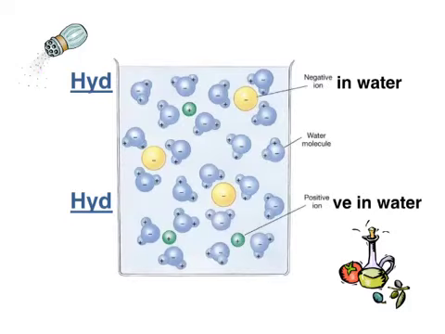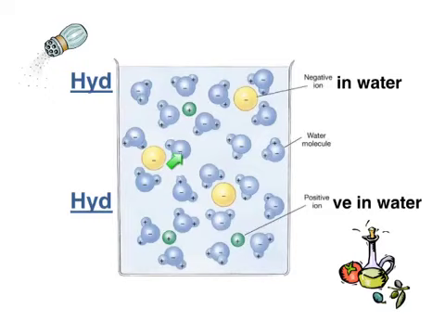Let's take a look at an ionic compound in water. Remember from our previous video that ionic compounds dissociate in water. So what you have dissolved in the water is actually a bunch of positively charged ions in green here and negatively charged ions in yellow. See, water molecules have these partial positive and negative charges on them.